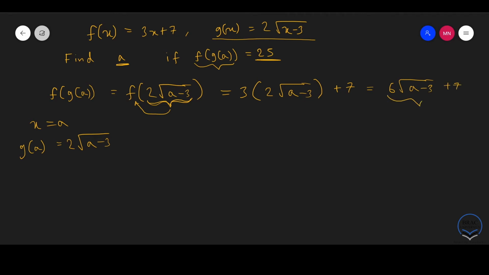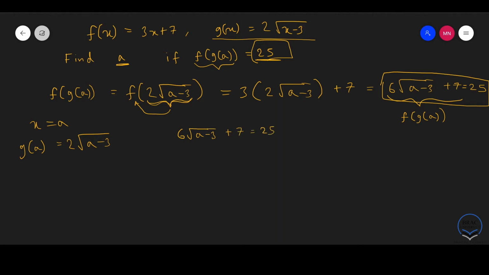So this is f of g of a, and we know that f of g of a is equal to 25. Now we can just solve this equation for a. We have 6 times square root of a minus 3 plus 7 is equal to 25.